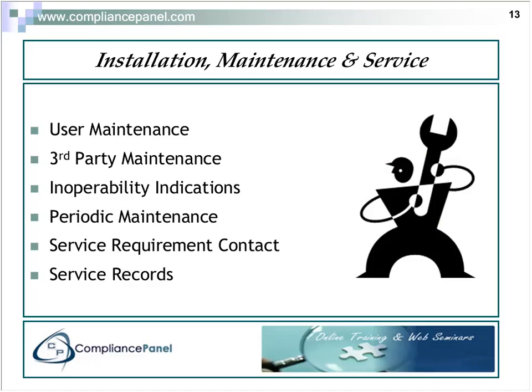Installation, maintenance, and service. There is user maintenance documentation that you have to supply here. There's third-party maintenance if you're going to have a third party go out. Inoperability indications. What that means is if there's a point in time where your device is inoperable, you have to be able to relay that information to the end user.